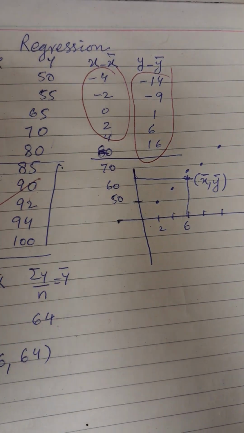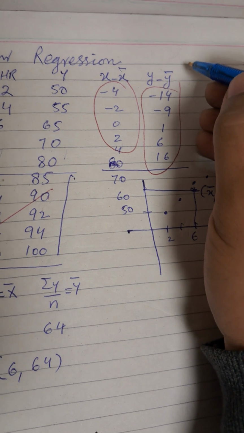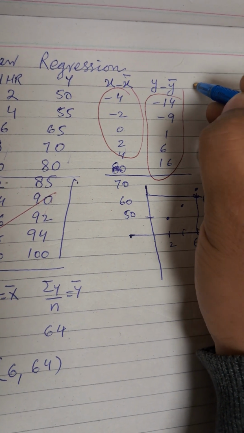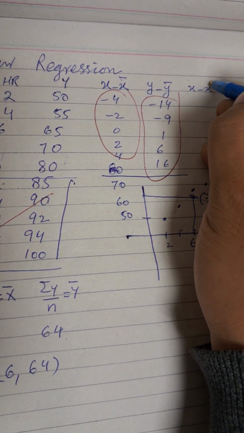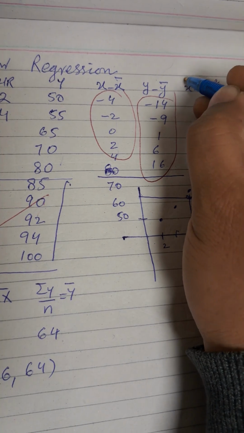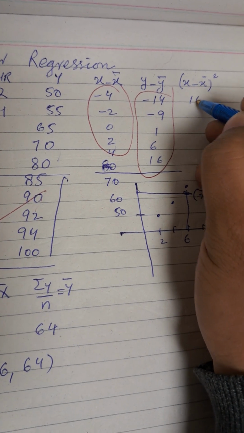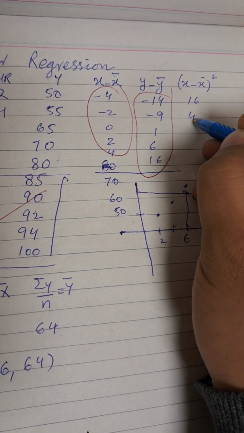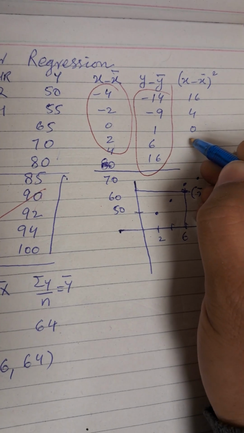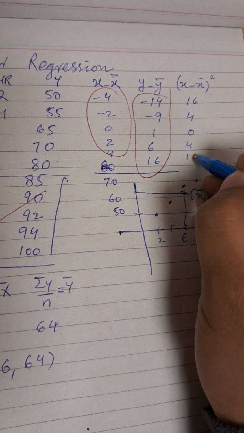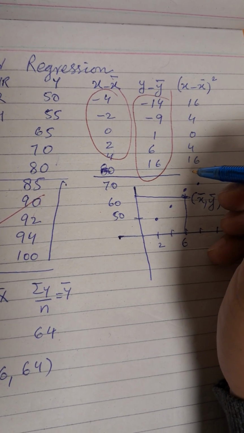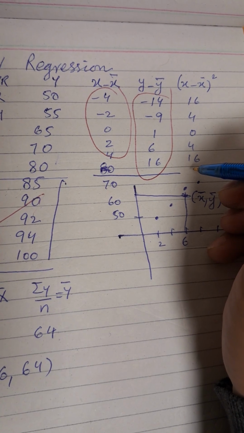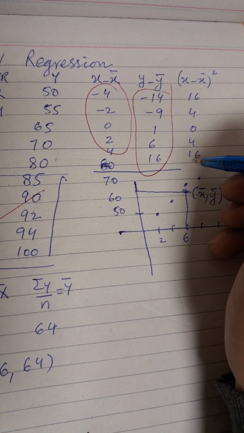But if we take squares of all these, x minus x bar squared, this is 16, this is 4, this is of course 0, 4, and again 16. Now if we add them and sum them together, this does not come down to 0.